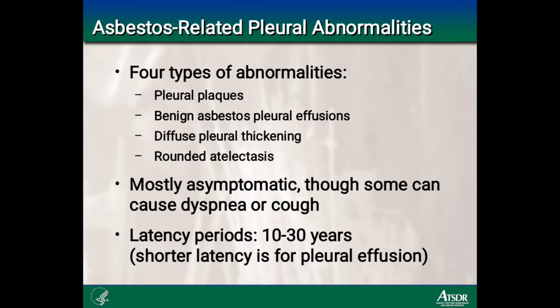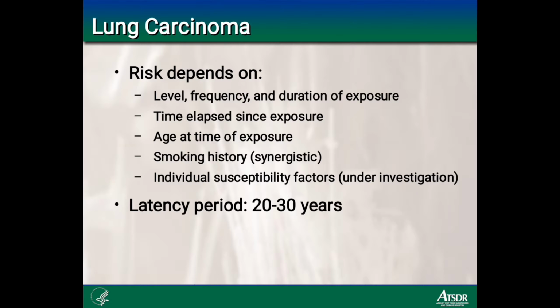Mostly these are asymptomatic and they do not show any symptoms, though some can cause dyspnea or cough. The latency period for this type of abnormality is 10 to 30 years, and the shortest latency is for pleural effusion. Now we're going to see lung carcinoma.